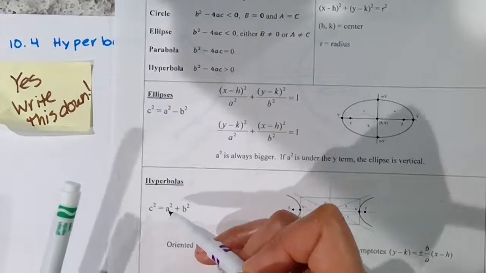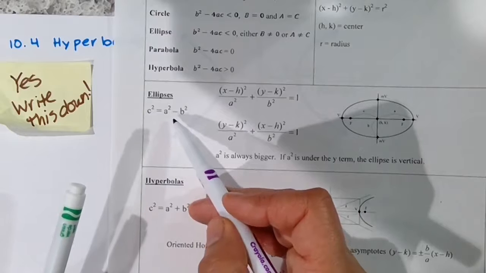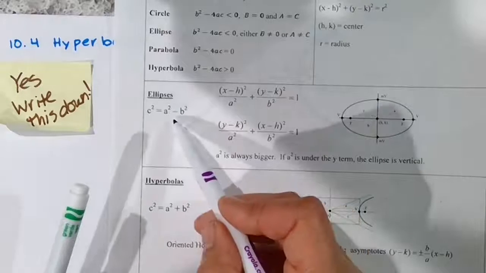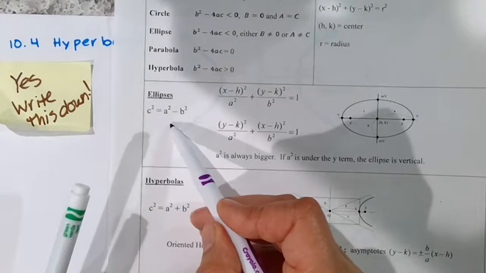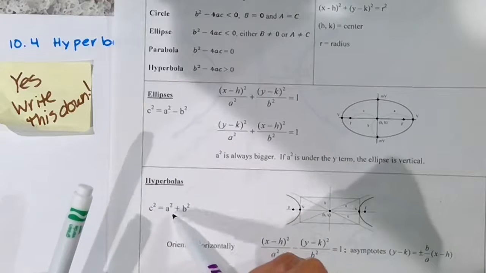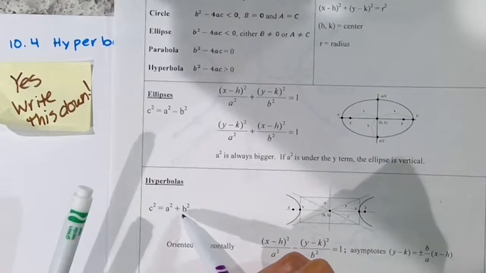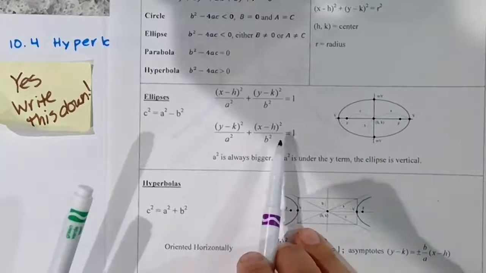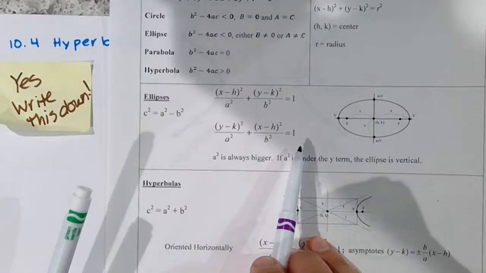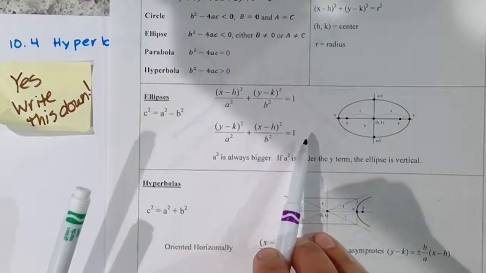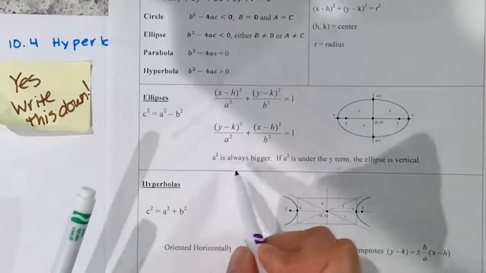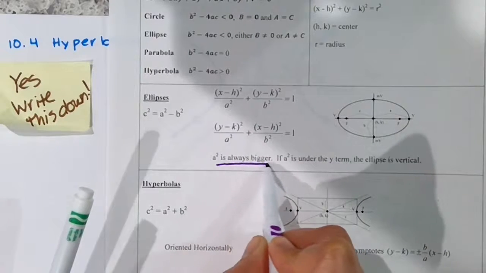Note that these are not the same equations for the ellipse and for the hyperbola. This one is c squared equals a squared minus b squared, and then here a squared plus b squared equals c squared. And on the ellipse, your a value is actually the bigger number.